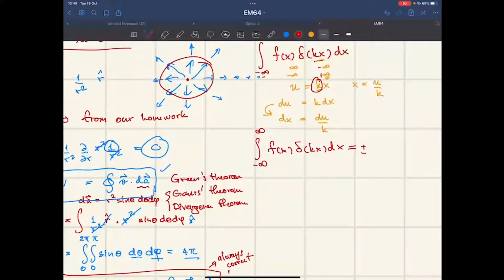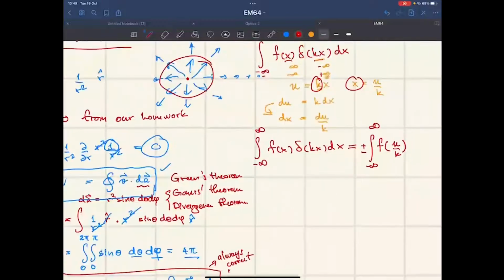So our integration from minus infinity to infinity, f(u/k) here, because it's f(x), so we just put x in terms of u into that calculation. And our Dirac delta function becomes the Dirac delta function of u, right? And du by k. So this is our integration.